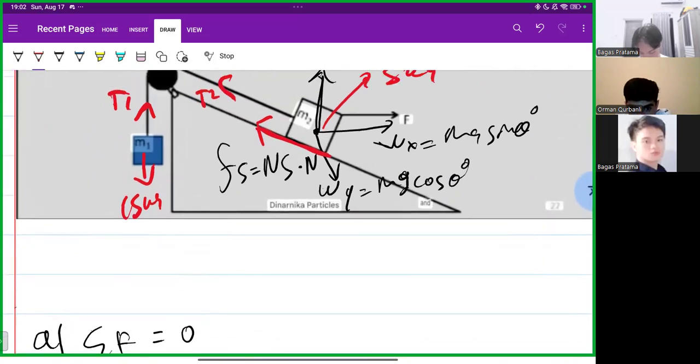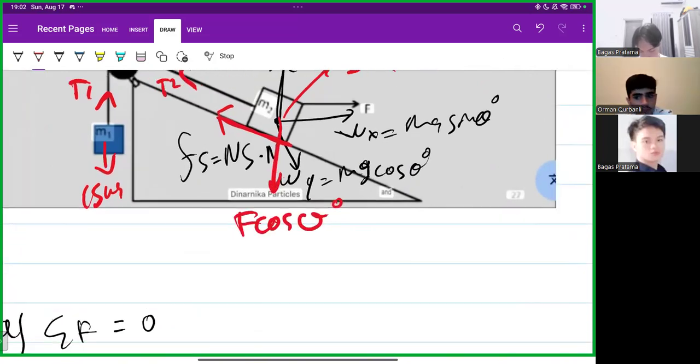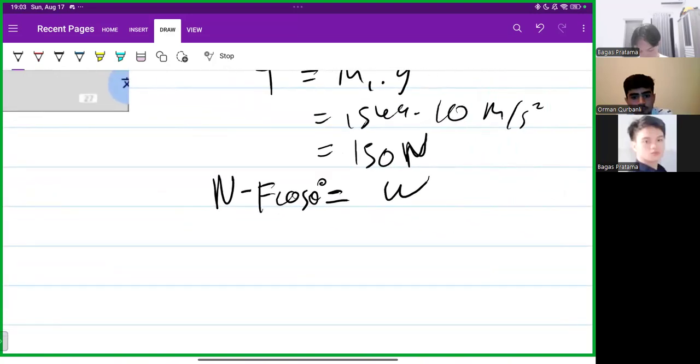I forgot this missing one. It should be F cos theta. Then this F cos theta moves to the right side, so it will be W minus F cos theta.